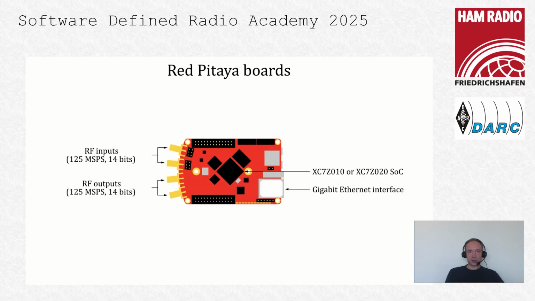It has also two RF outputs connected to dual channel digital to analog converters. It has a system on chip with programmable logic and processing system, a microprocessor, and it has also an interface to communicate with a computer. In case of the Red Pitaya boards, it's a gigabit Ethernet interface.